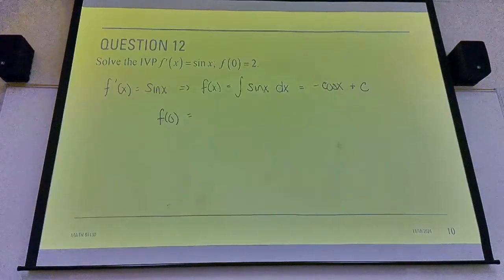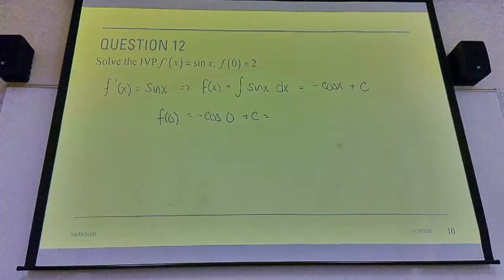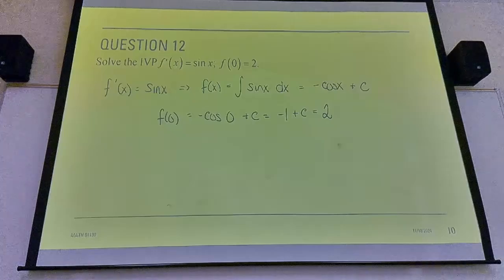Plug in 0. What's cosine of 0? F of 0 is negative 1 plus c. That has to equal 2. What's c?